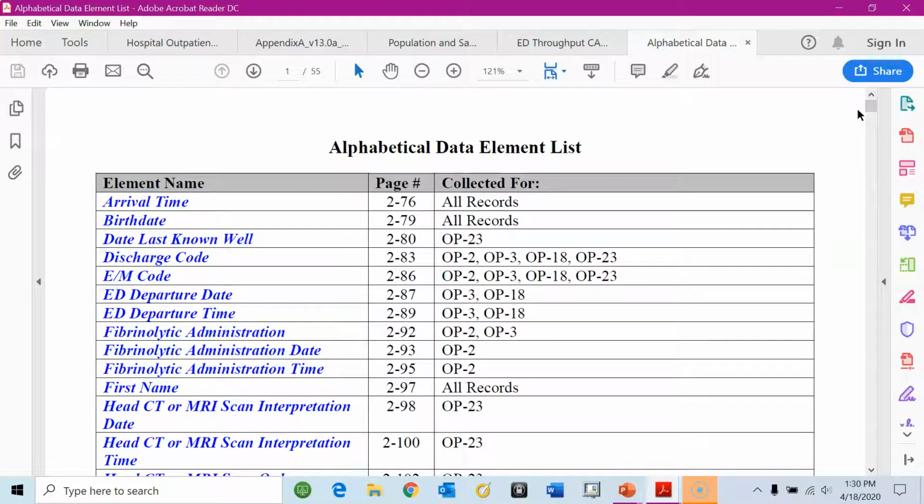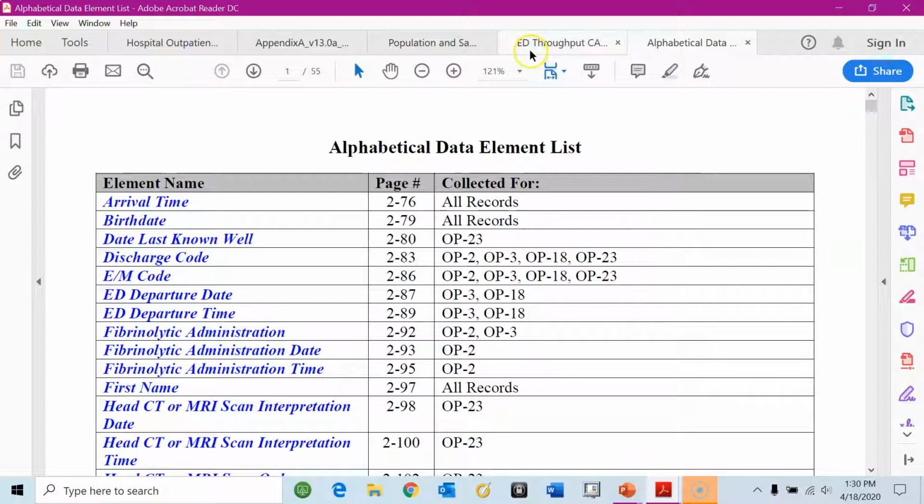And I want to just say, if your data is being pulled directly from your EHR, okay, if maybe you aren't going into the record and pulling out this data, it's still your responsibility to make sure that the data is being pulled from the correct source, okay, from the correct data field. The instructions on how to answer the data element questions must be followed for your information to be accurate.